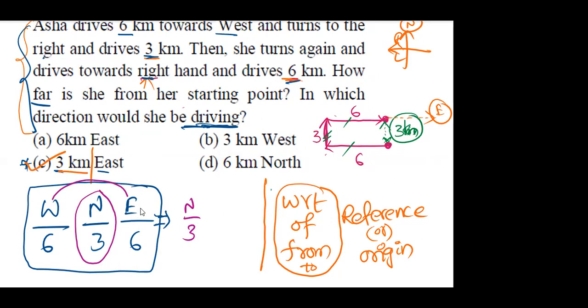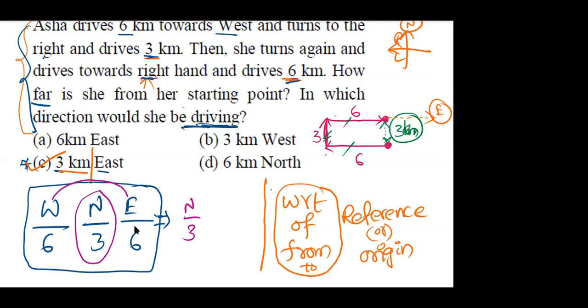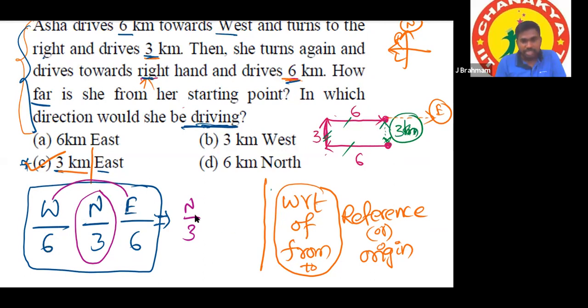Opposite polarity. So we have to subtract 6 and 6. 6 minus 6 is 0. And finally towards north, it is 3 kilometers. Final position is towards north, 3 kilometers.